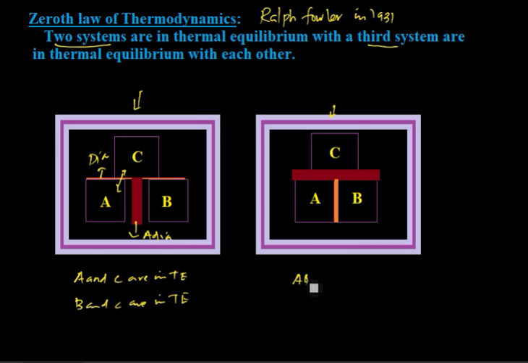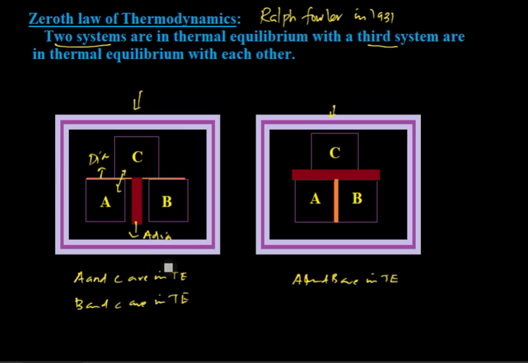So A and B are in thermal equilibrium. This is the condition you can see here, that is obtained from the zeroth law of thermodynamics.